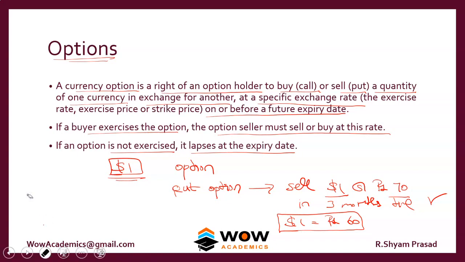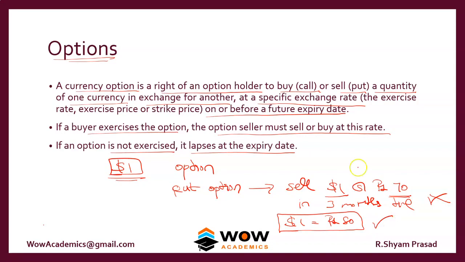But the case will change if, in 3 months time, the spot rate is something like 80 rupees. Again the foreigner has given you $1, but now the spot rate is 80 rupees. Now you have the right to sell the dollar at 70 rupees, or you can sell it in the market at 80 rupees. Which one will you go for? You won't go for the option, you will go for the spot rate.